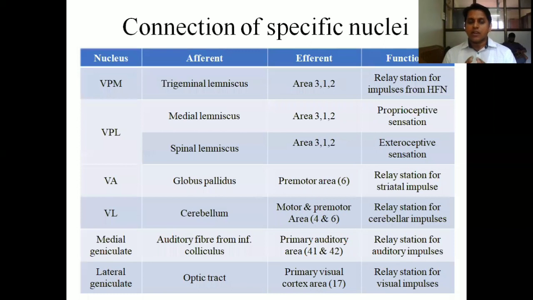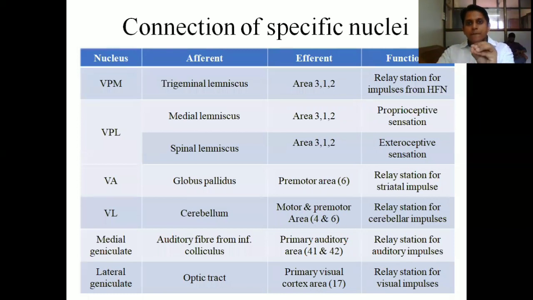The specific nuclei are those which act as a relay center for ascending pathways, and from there they give their efferent pathway towards the specific area in the cerebral cortex. So they give their output to the specific area in the cerebral cortex. Those nuclei are grouped under the specific nuclei.